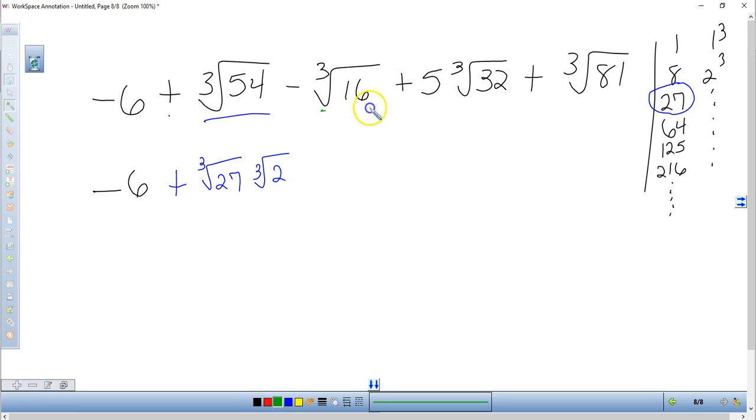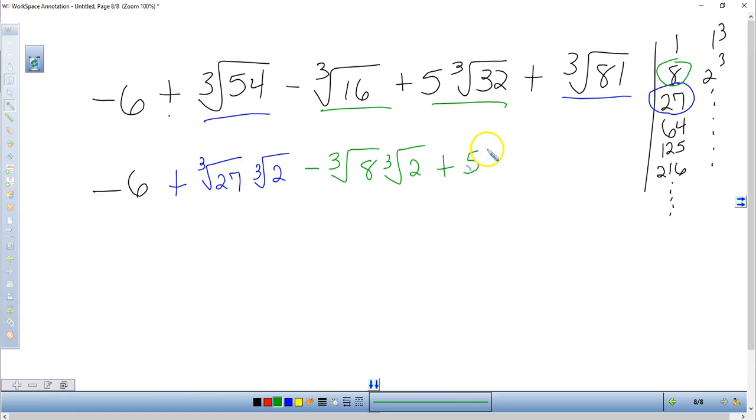Okay, switching over to green, I'm going to go ahead and indicate it here as well. I'm going to use that one twice. So I'm going to go ahead and indicate it over here as well. Okay, so I'm using just blue and green to match the colors with the cube roots. So 16 is 8 times 2, so I've got negative cube root of 8 and cube root of 2.